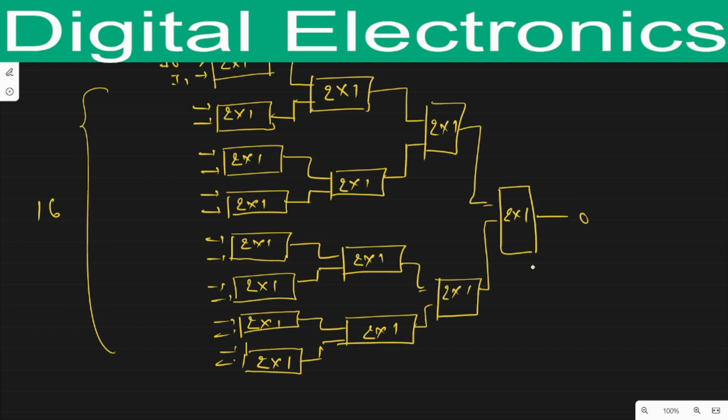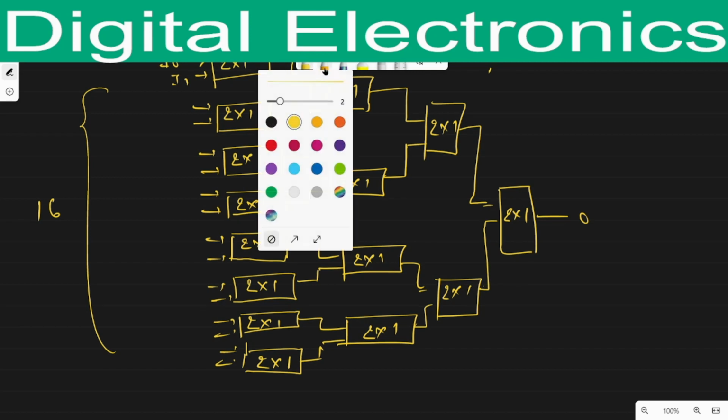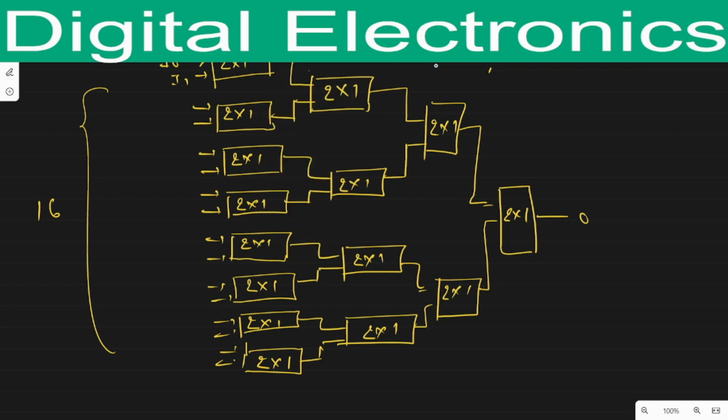Okay, now we will divide this diagram into stages.